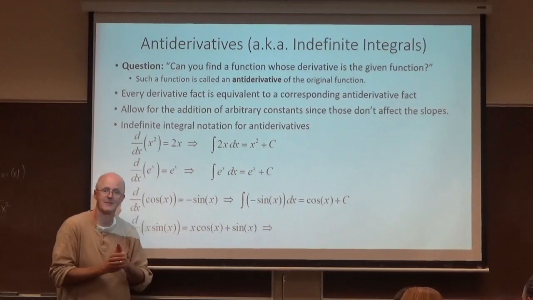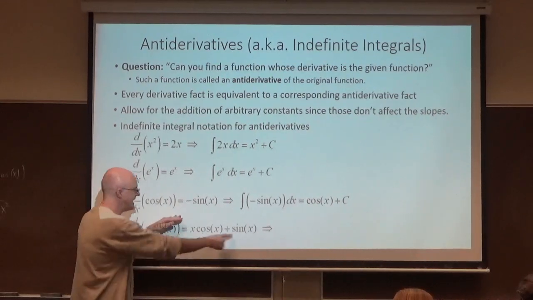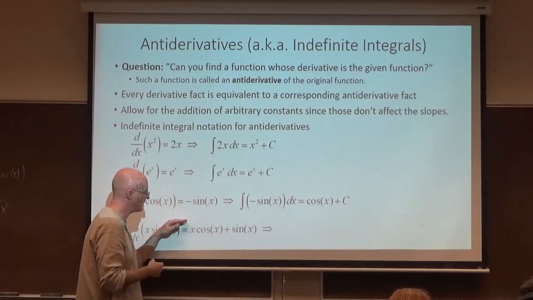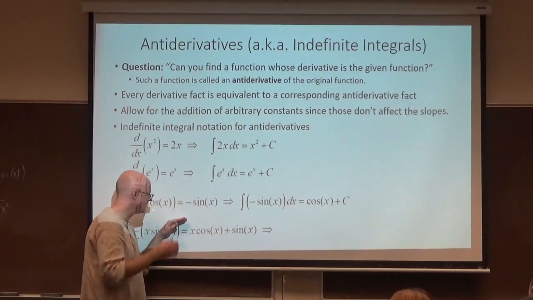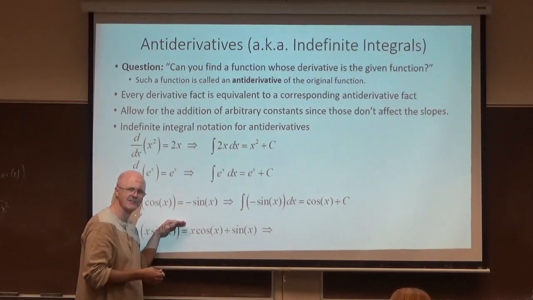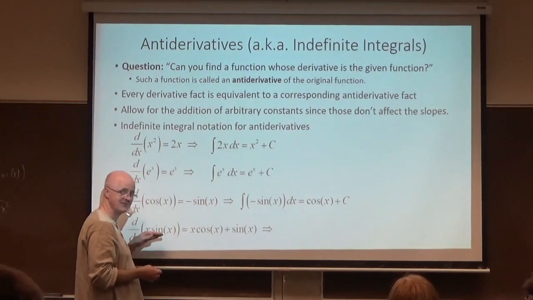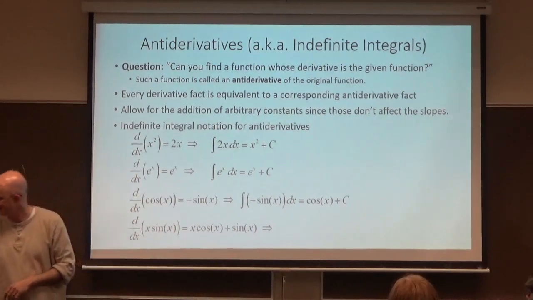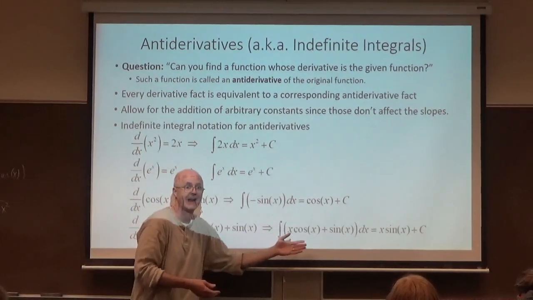So you can see there. If you were just looking at this thing and you were asked, find an antiderivative of that, you'd scratch your head and say, I don't know. I guess it would involve cosine and sine, but I don't know how. Actually, it would involve sine, but not cosine. You can still write this, though. This is still true, even if it's not obvious.